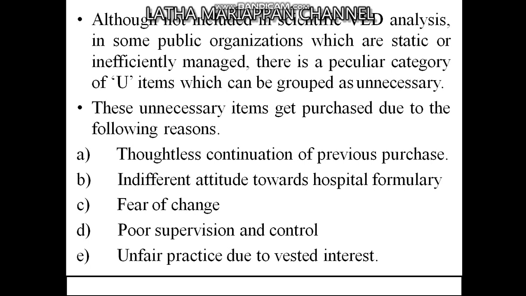These unnecessary items get purchased due to the following reasons: thoughtless continuation of previous purchase, indifferent attitude towards hospital formulary, fear of change, poor supervision and control, and unfair practice due to vested interest. Sometimes the item may already be there and without analyzing they will purchase again, because of poor supervision. So, those items are named as U items.